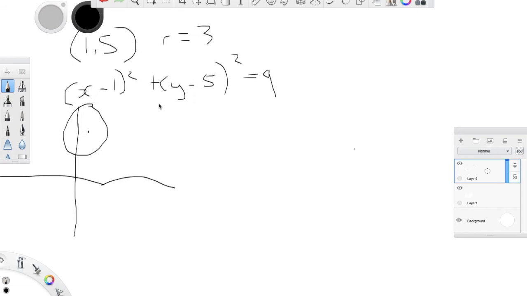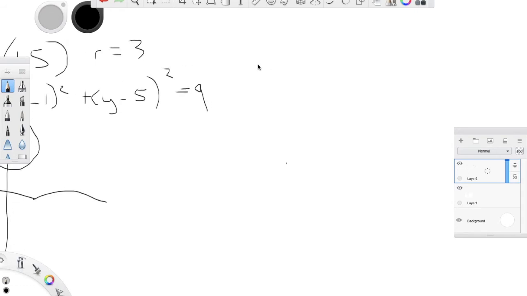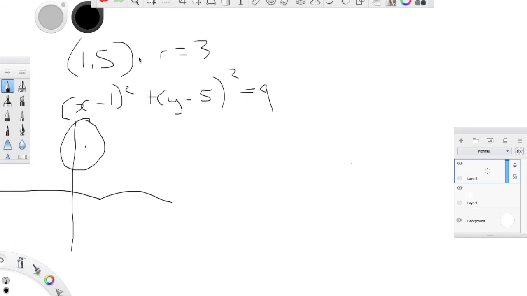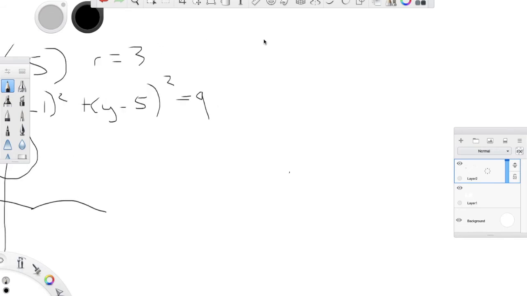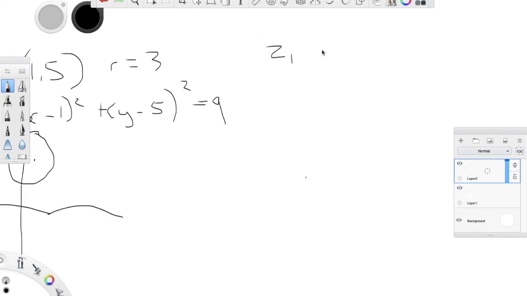Let's define this point here, the center, as z1, and z1 is equal to 1 plus 5i. And let's say our locus is equal to z.